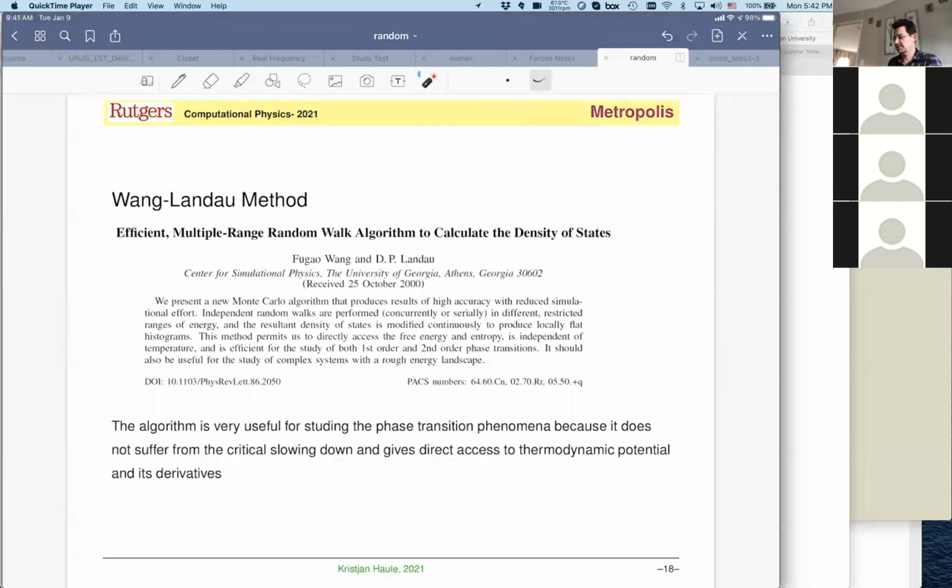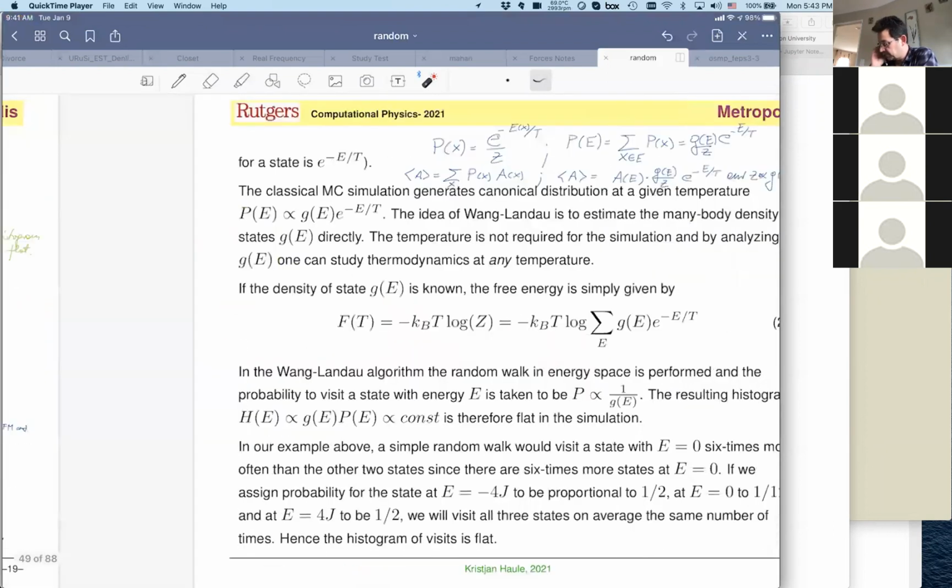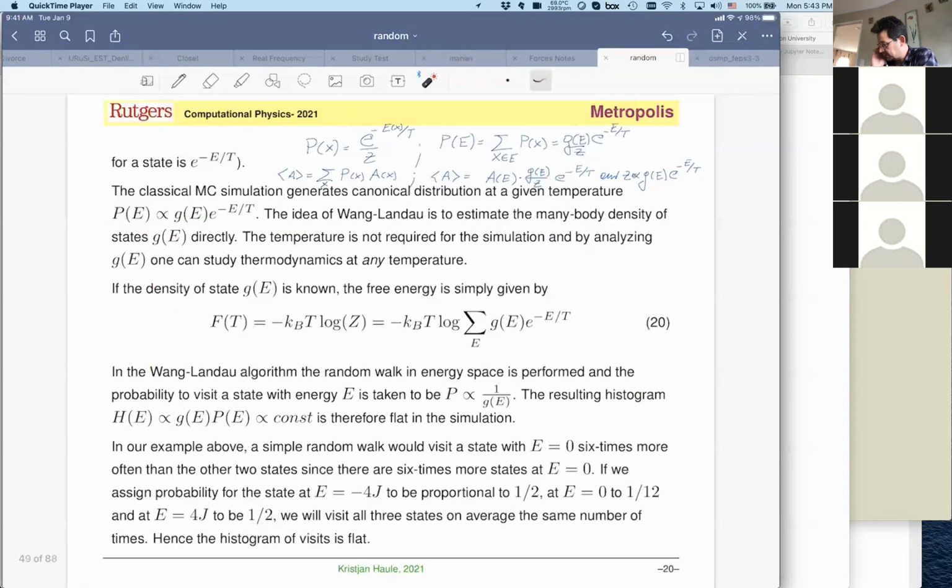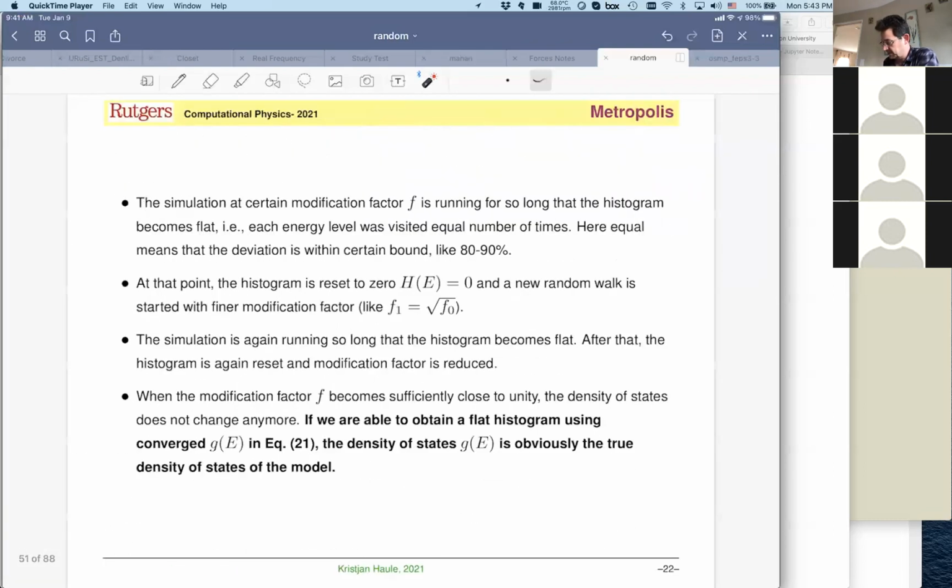The algorithm that I want to explain now is way more efficient to calculate thermodynamic quantities. Unfortunately, quantities which are not thermodynamic cannot be calculated with this, but we can calculate specific heat, we can calculate total energy. What else can we calculate? Do we calculate magnetization?